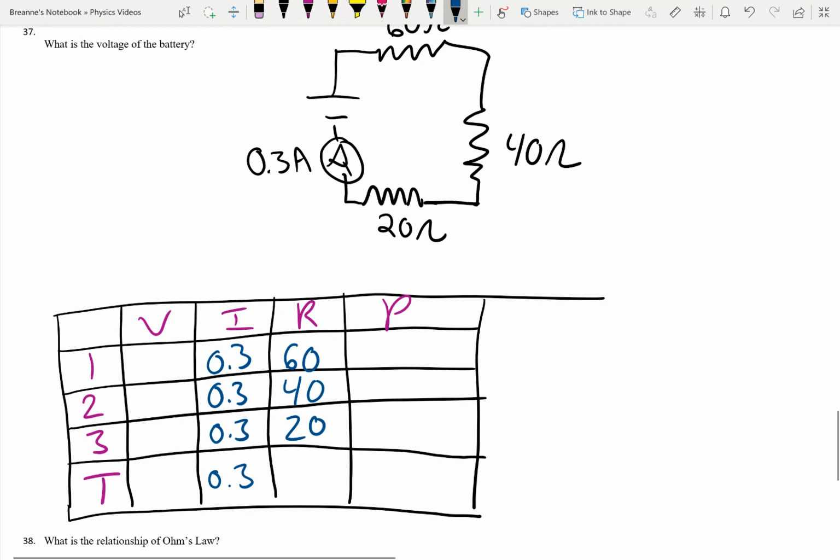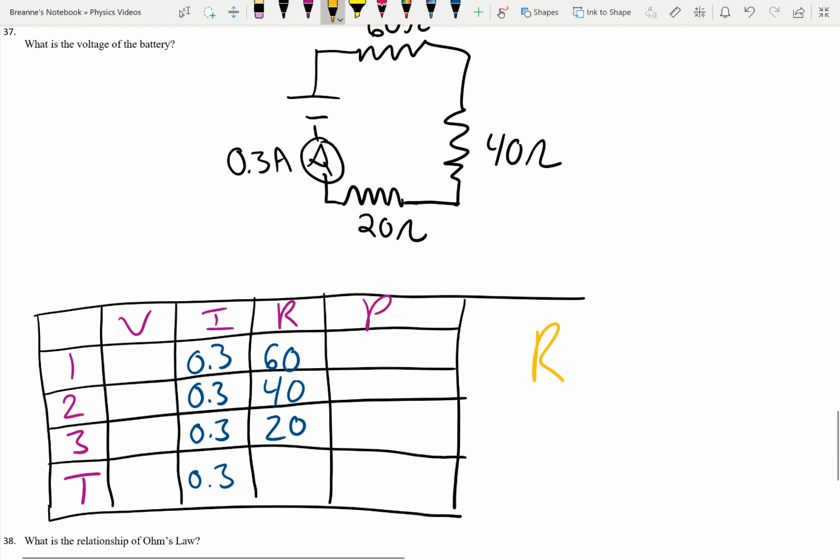So there's a couple of ways of doing this. You can go ahead and find the voltage for each one and then add it up, or you can find your total resistor and then multiply. So let's do the total resistor and multiply. You know what? We're going to end up doing both. Your total resistance for a series circuit is you just add up the resistors. We have 3, so it'd be 60 plus 40 plus 20 would get us our total.